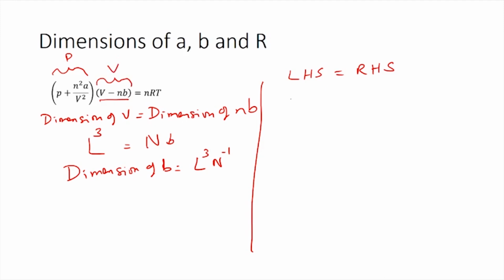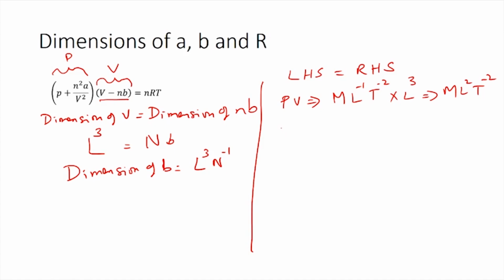So, the left hand side is P times V, which is pressure, m L minus 1 t minus 2, times volume being L cube, giving you dimensions of m L square t minus 2. The right hand side should also have the same dimensions.